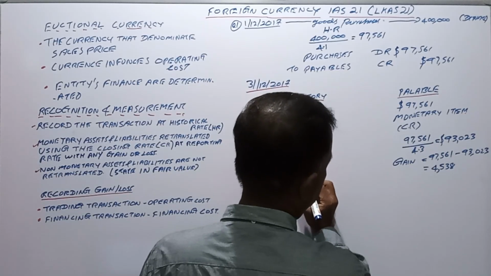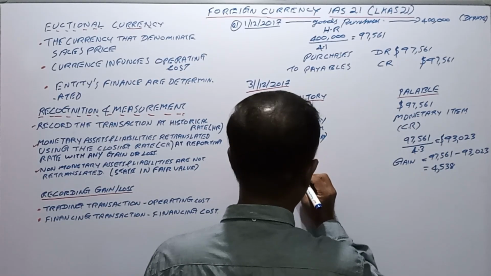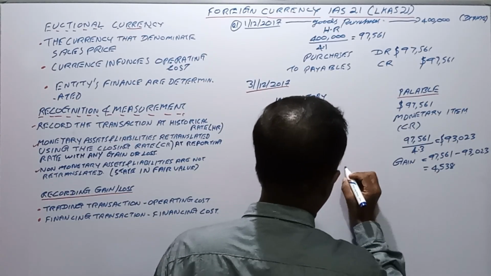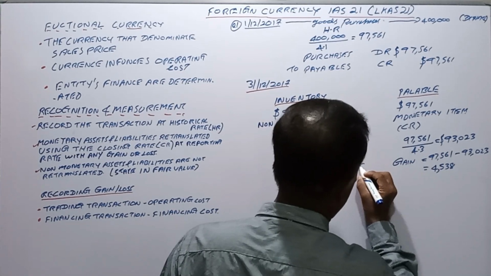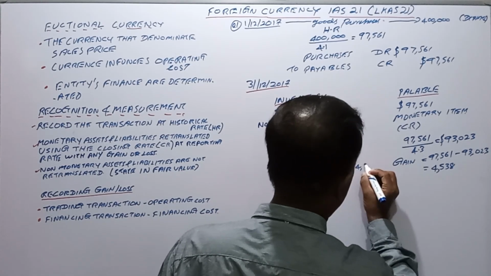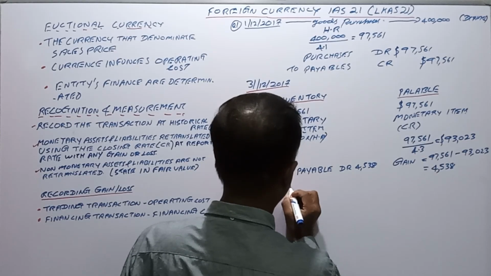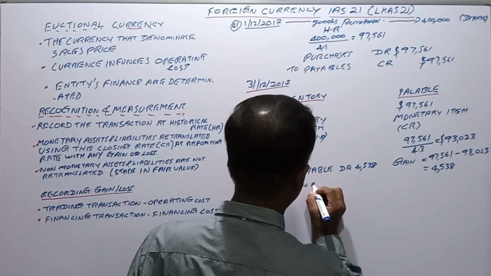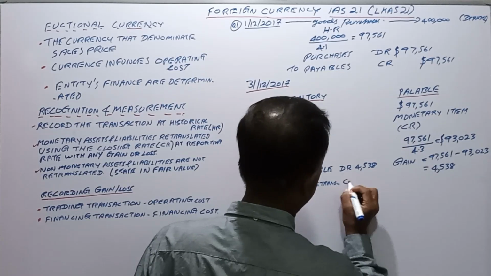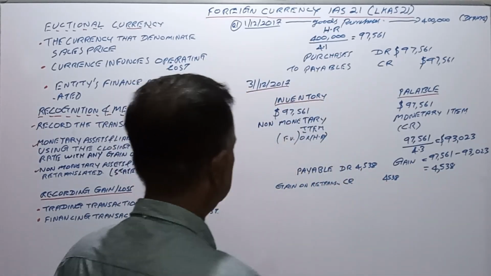Debit payables 4,538, and gain on retranslation is credited 4,538, right? This is the accounting treatment.